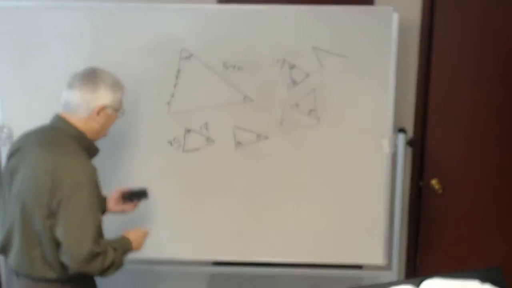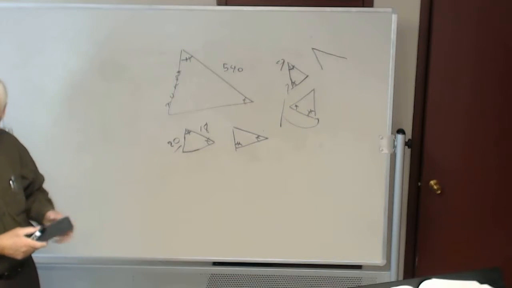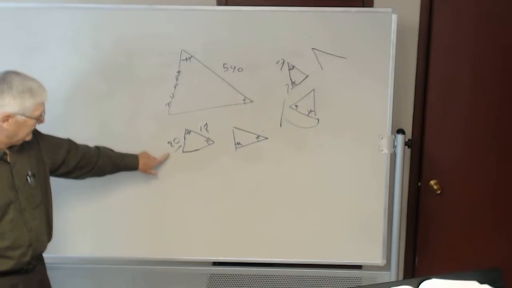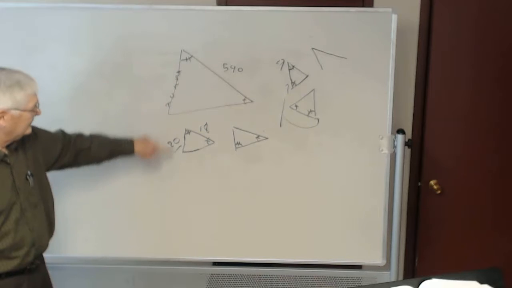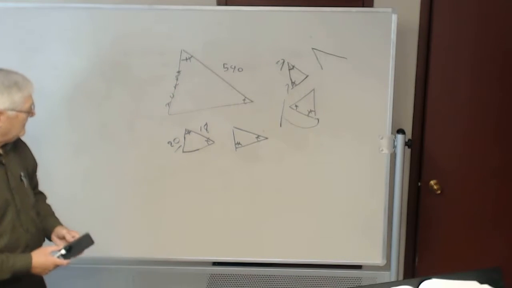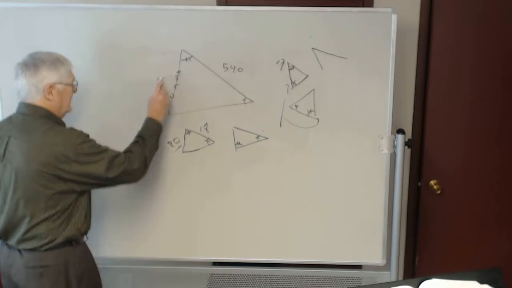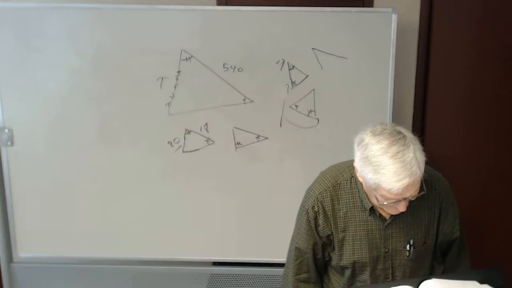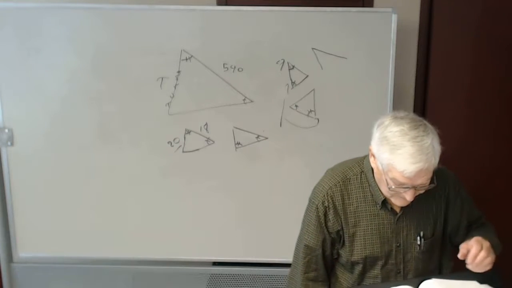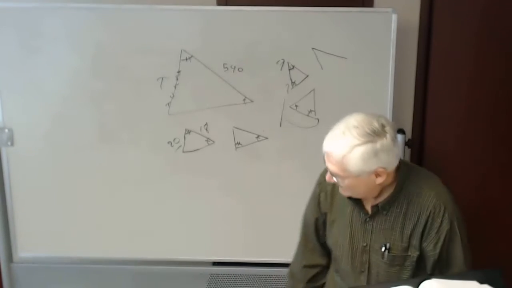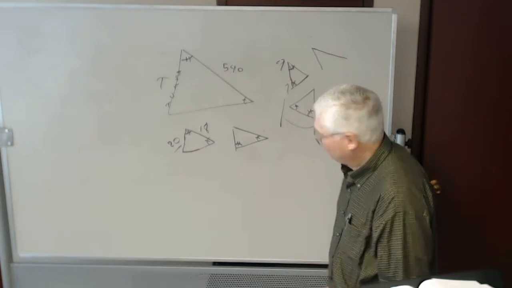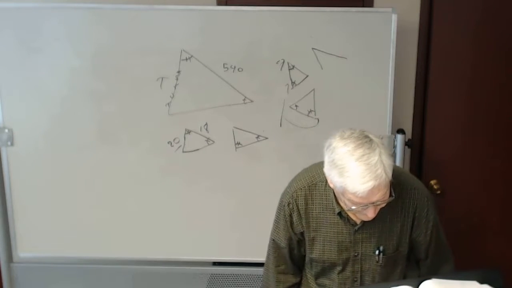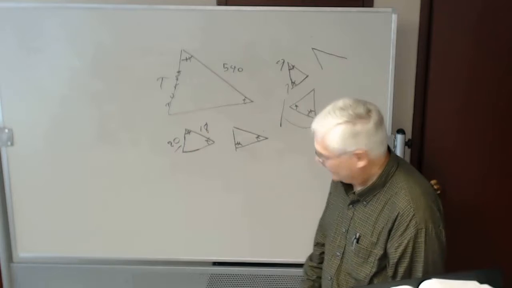Is that the 20? Yes. So the 20 and the tunnel match, don't they? Yes. So there's the T. So now I can do my proportion: 540 over 18 equals T over 20.